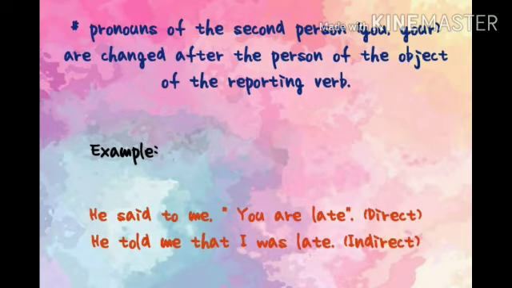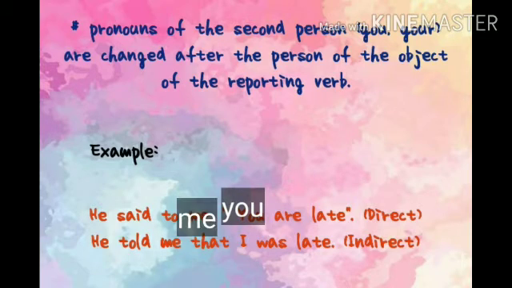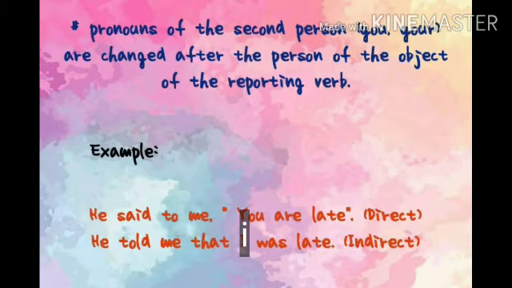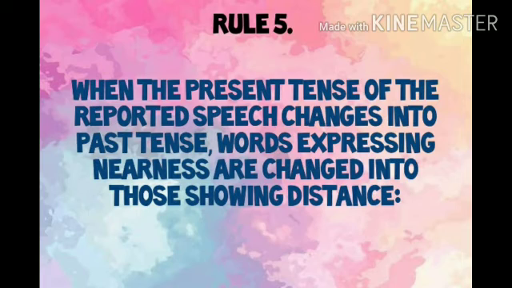Pronouns of the second person are changed after the person of the object of the reporting verb. As you can see in this example, the second person pronoun of the reported speech is changed according to the object of the reporting verb.